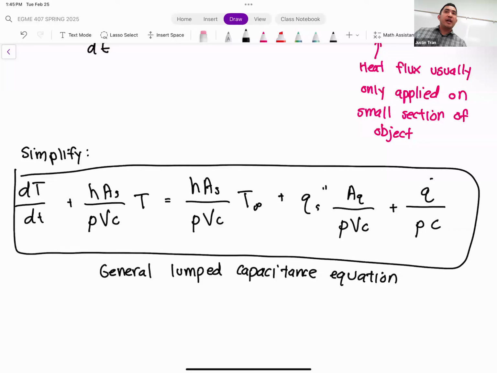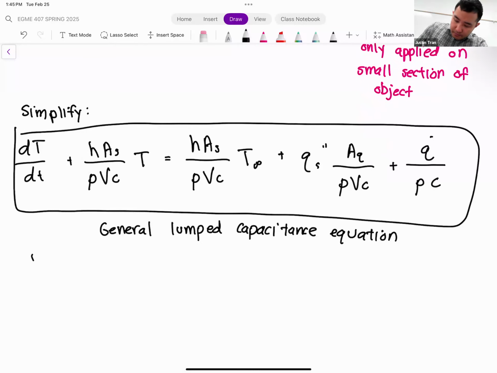So usually the first step after you write down the equation is to cancel out some of these terms which may not be relevant for a given problem. For instance, thermal generation, the Q dot term, may not be active for every problem. So it's the same as our heat equation problems, where you have to read the problem, see what's relevant, see what's active, and cross out the terms that are not relevant.